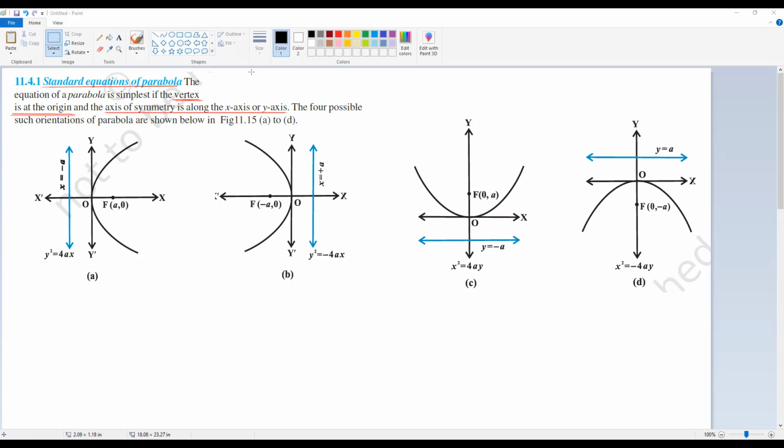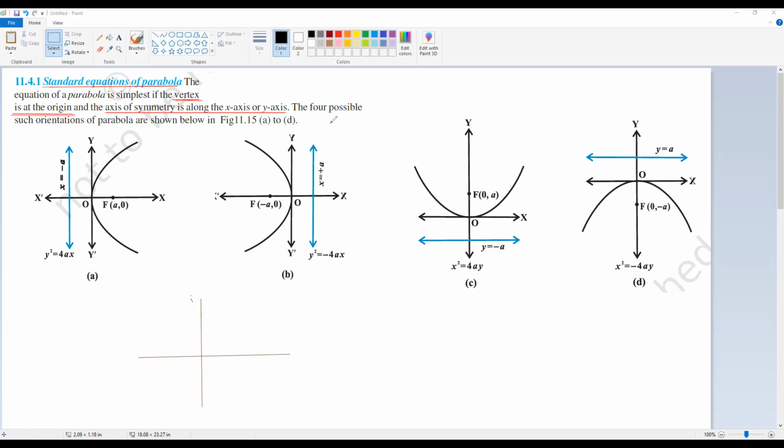So हमारे मन में दो तीन क्वेश्चंस आएगा, like देखो, x axis, y axis. So is it possible to have vertex at some other point other than origin? Of course.